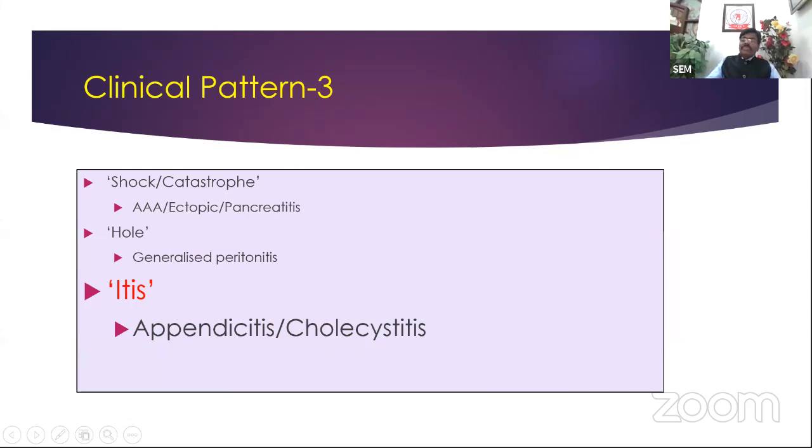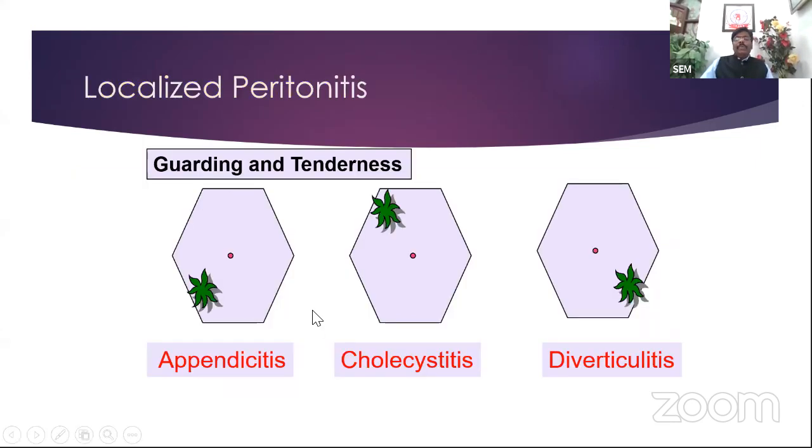Third, of course, is the chapter of today, that is appendicitis. So acute appendicitis or acute cholecystitis, depending upon where the inflamed organ is. The appendix is present in the right iliac fossa, so there is guarding and tenderness there if you put a hand. So localized tenderness according to the site of inflammation.